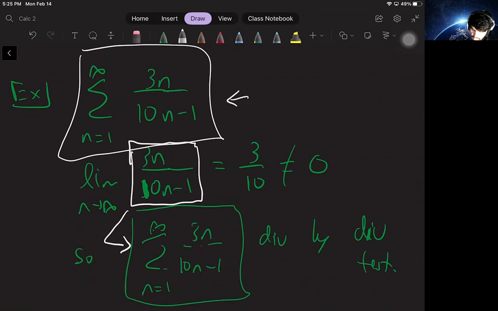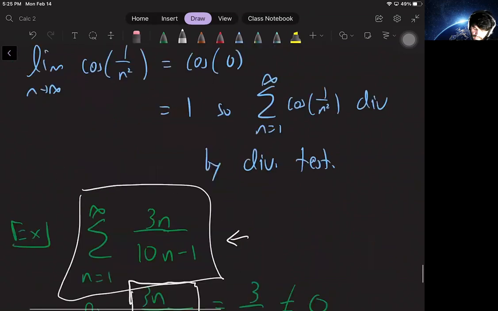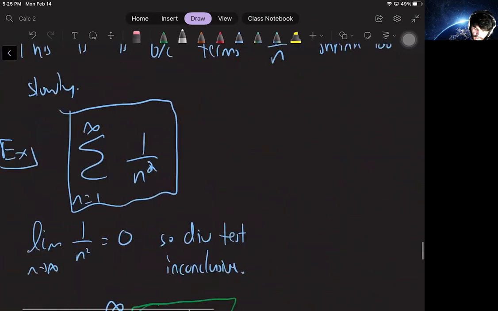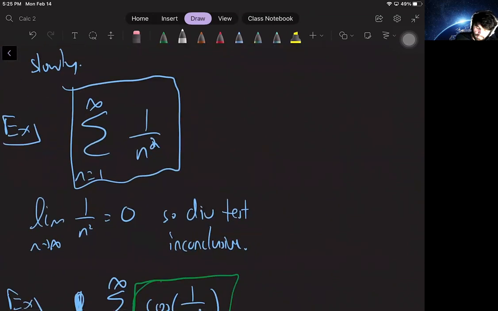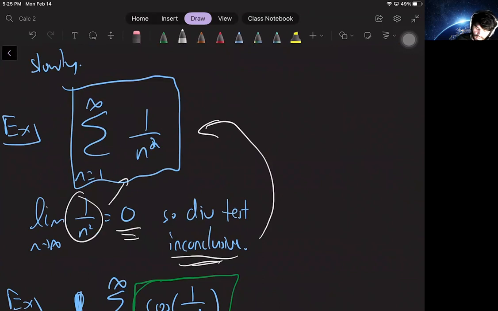You can say it diverges by the divergence test. If it does go to 0, like here, that's too bad. You can't say anything about the series. Again, you're looking at the sequence to understand the series. Subtle difference. These two things are not the same thing.